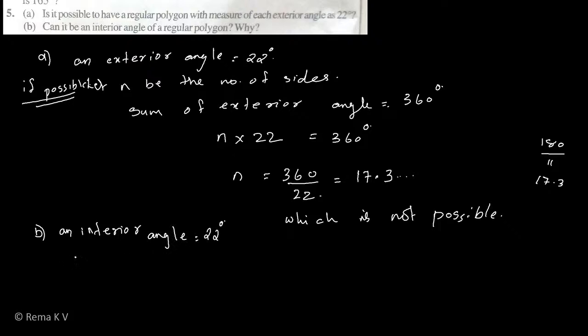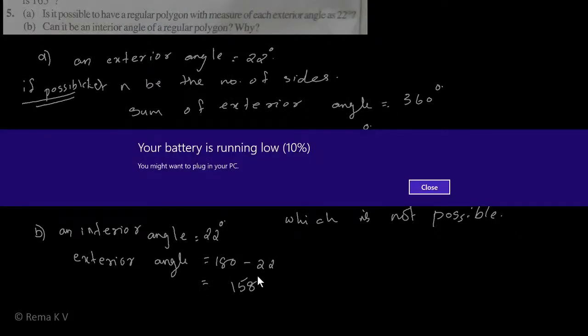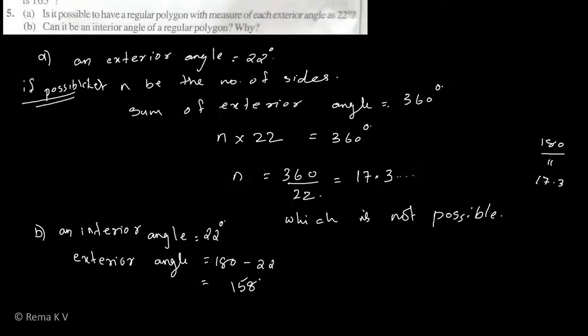So what about the corresponding exterior angle? Corresponding exterior angle is 180 minus 22. This is equal to 158 degree.